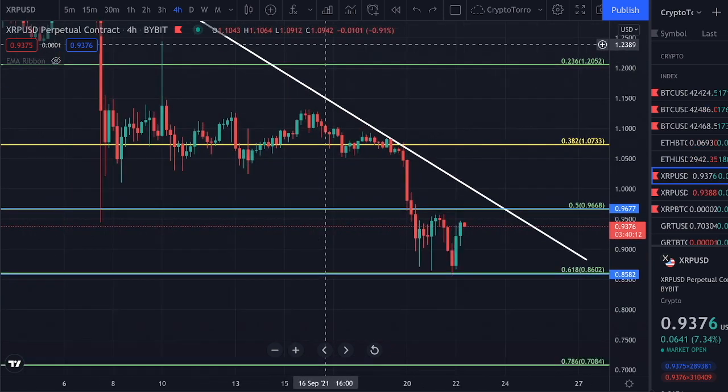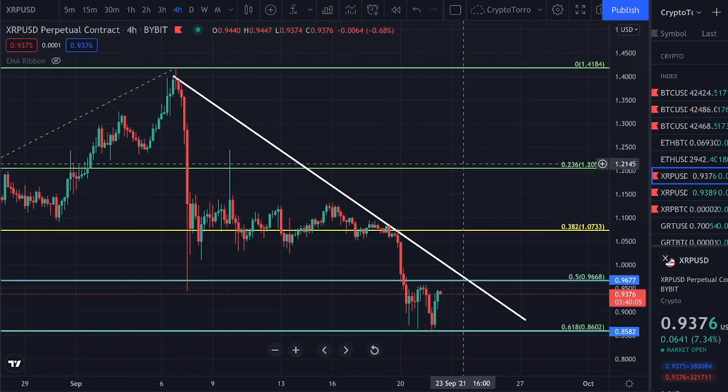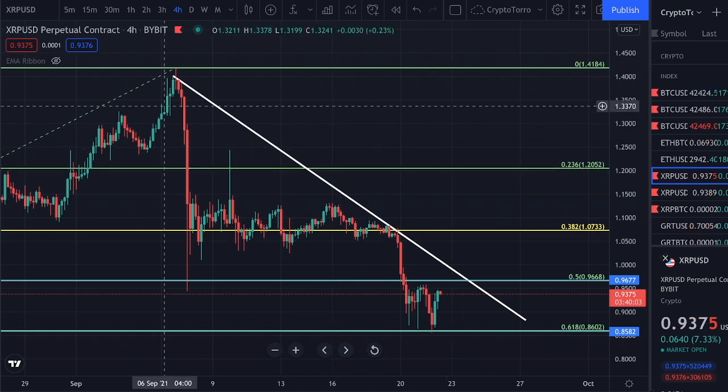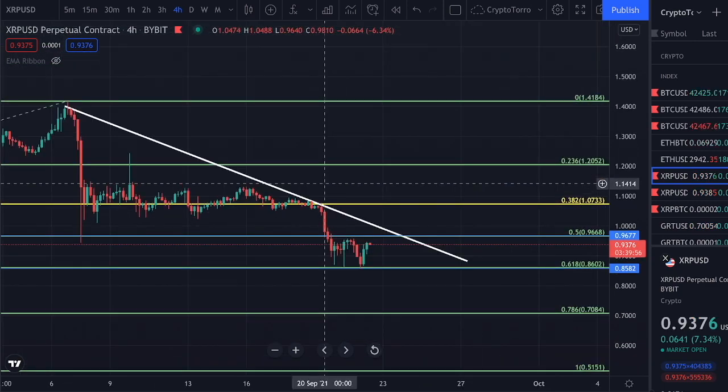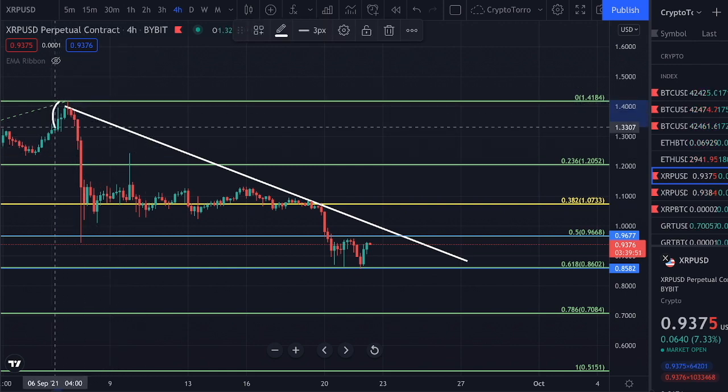So this being said, I would like to discuss something that is of utmost importance to me, and that is this descending level of resistance. For sure, this is not a confirmed pattern. This is also what I've said previously during my videos, because we have only seen 2 touch points.